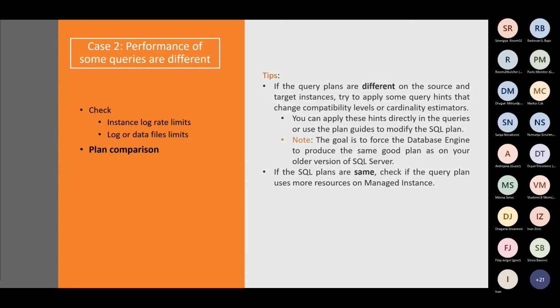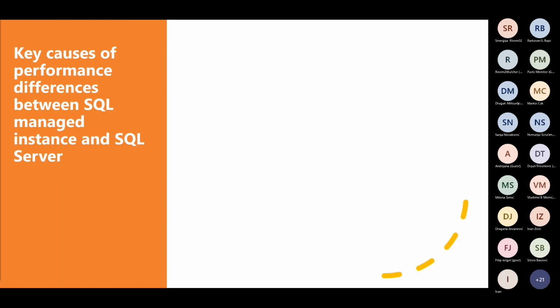If the plans are the same, you should check if the query plan uses more resources on your managed instance and investigate that. Here I listed just some of the key causes of the performance difference. I'm not going to go into details about them. I will be sharing the resources and links you can read about it.